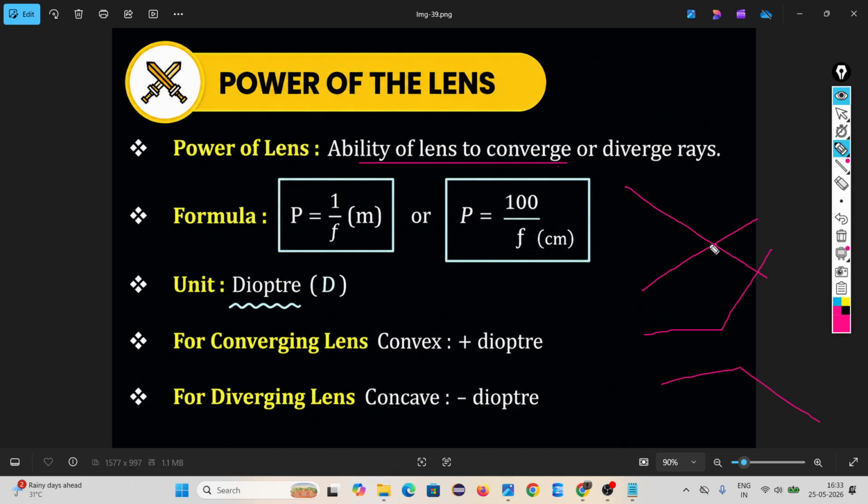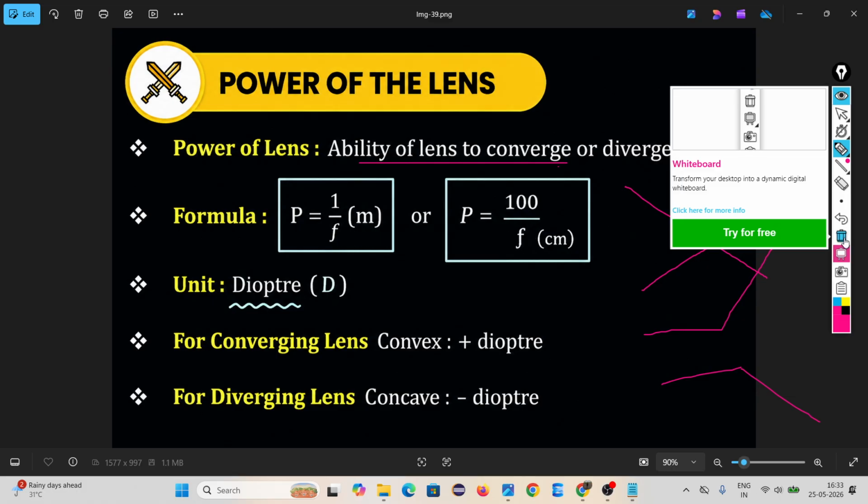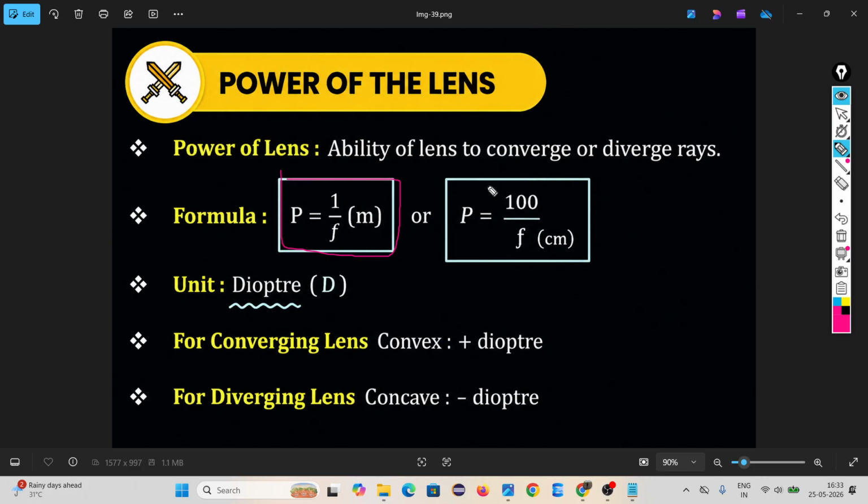How much they diverge, that is the power of the lens. The formula is P equal to 1 upon f in meter, or 100 upon f in centimeter. It is measured in diopter. For a converging lens, converging means convex, power is always positive. Do you understand or not?